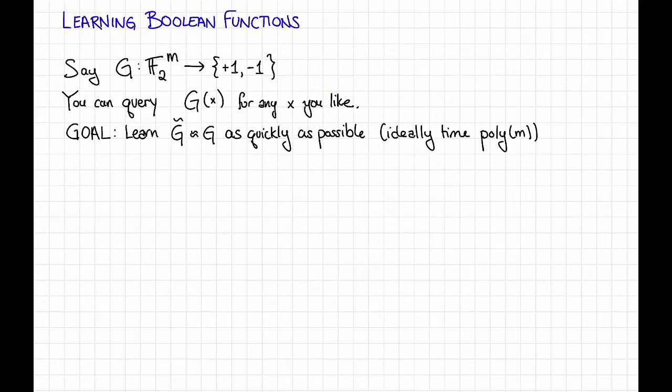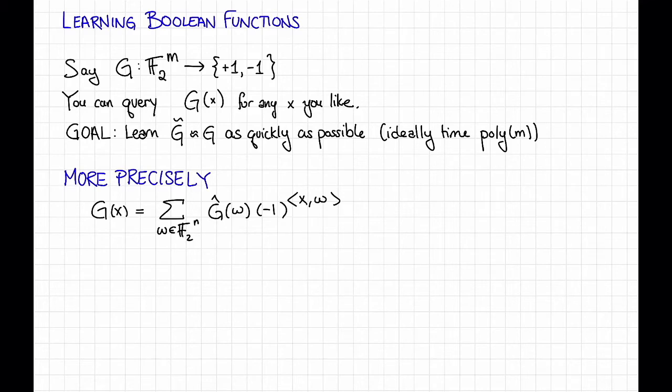We want to learn some Boolean function g from queries, and as we said before, we need to impose some structure on g in order to do that. So here's the structure we're going to impose. As on the previous slide, we can expand g of x as a linear combination of those nice simple functions.